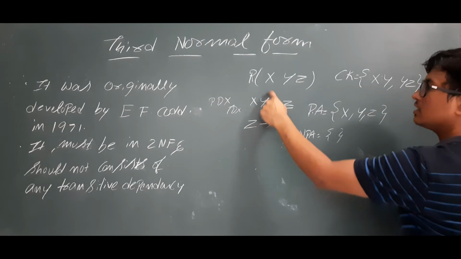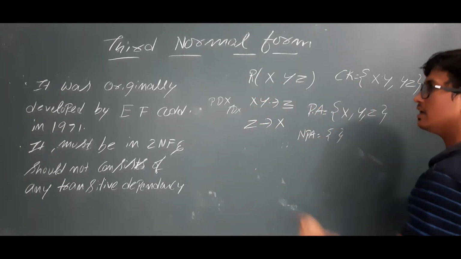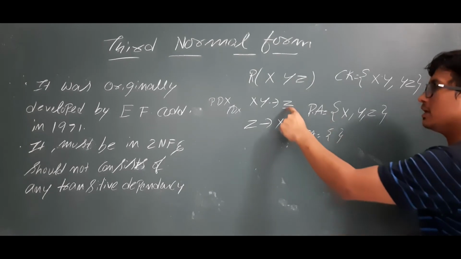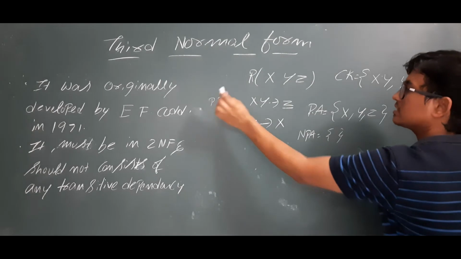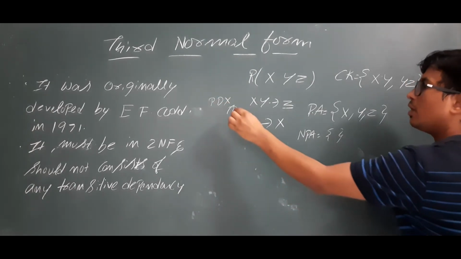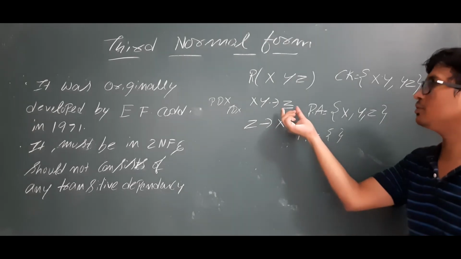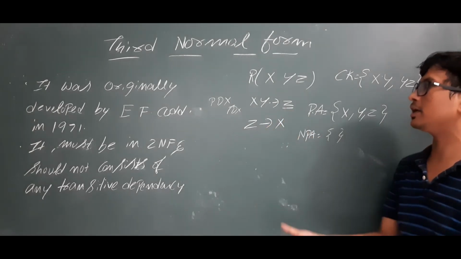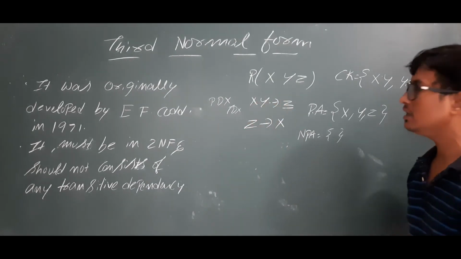The left hand side should be a part of the candidate key, and the right hand side should be a non-prime attribute. Here the complete candidate key is there, and the right hand side is a prime attribute. So it is not a partial dependency. What about a transitive dependency? The left hand side should be a non-prime attribute and the right hand side should be a non-prime attribute. Then it is a transitive dependency. It is not a transitive dependency here.